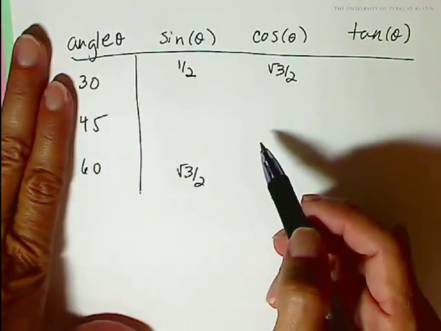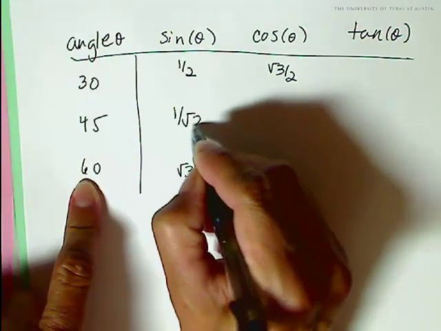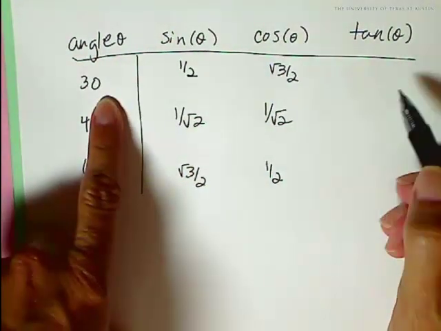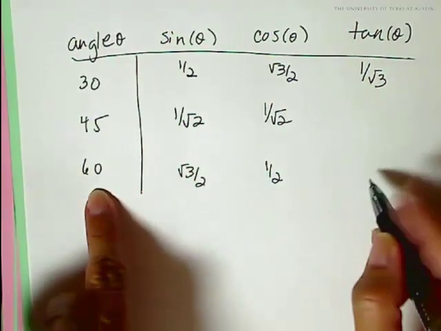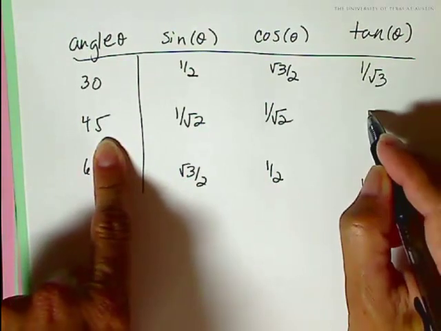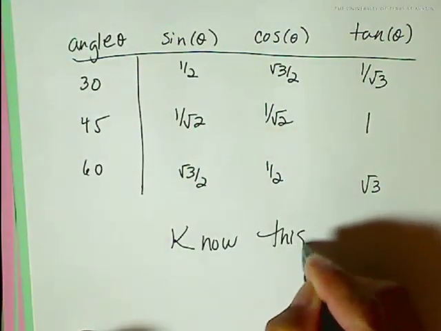The sine of 45 was 1 over the square root of 2, as was the cosine of 45. The tangent of 30 degrees was 1 over the square root of 3, as the tangent of 60 was the square root of 3, and then the tangent of 45 was 1. Know this chart.